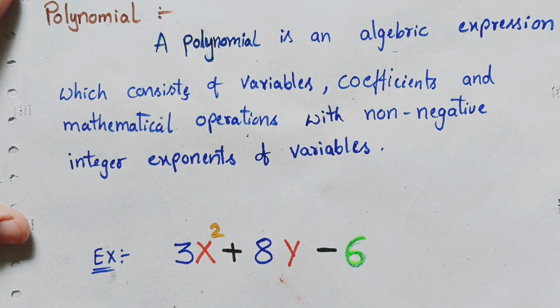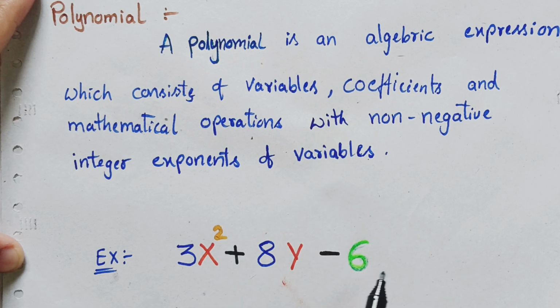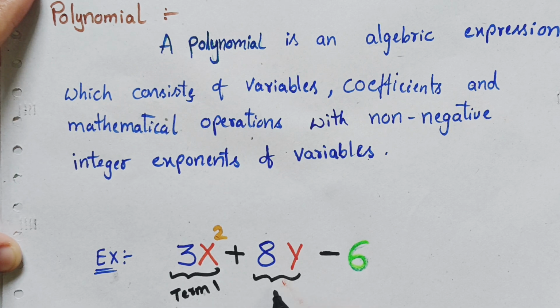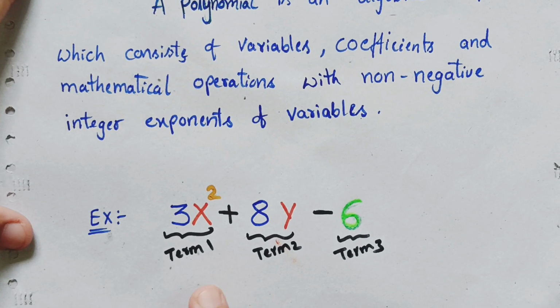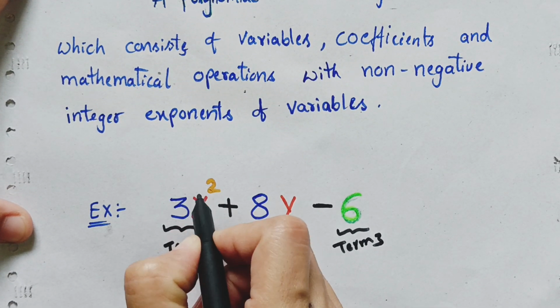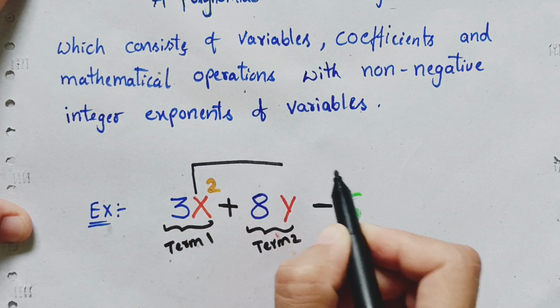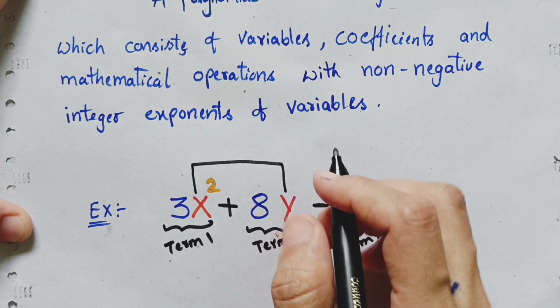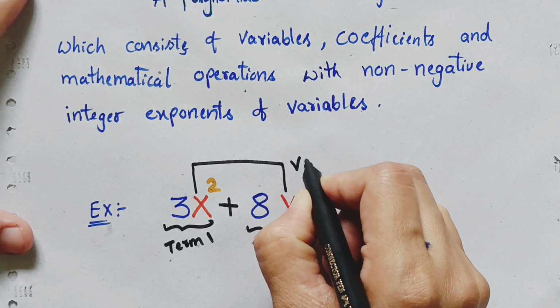Now you got it? Okay, I'll explain you clearly here. Just see what is this? This is term 1, this is term 2 and this is term 3. Then what we call this x and y? This x and y we call it as variables.